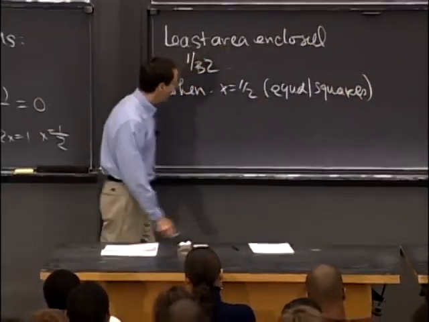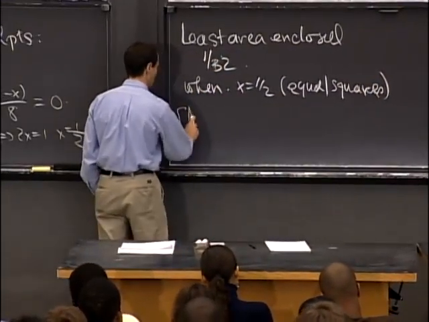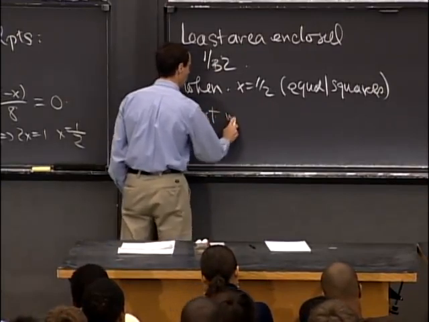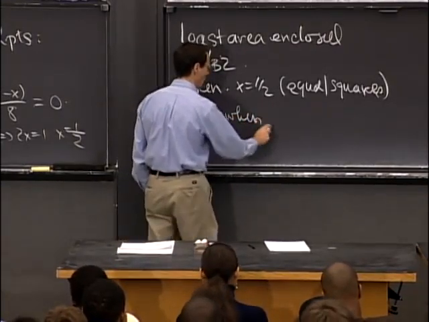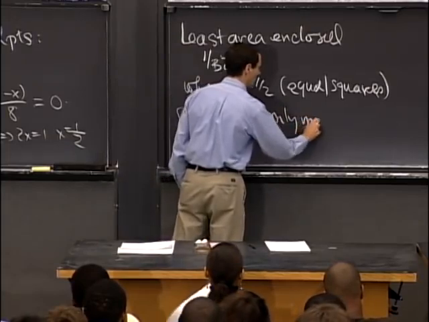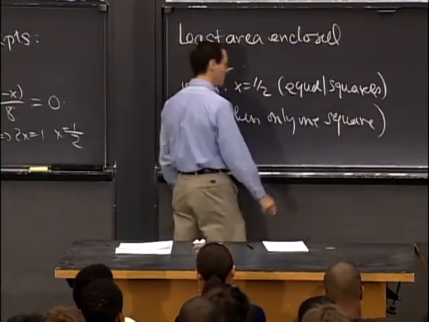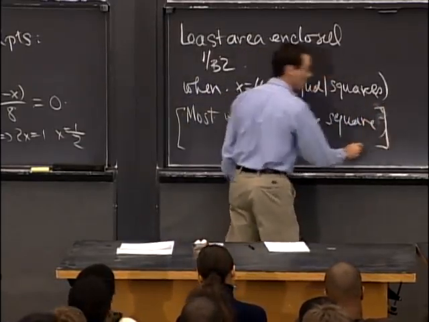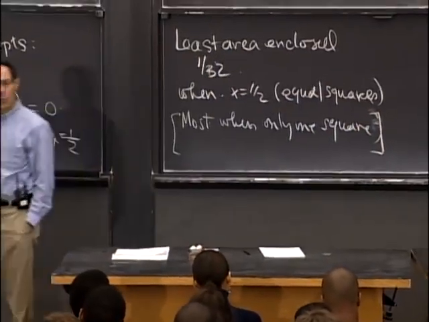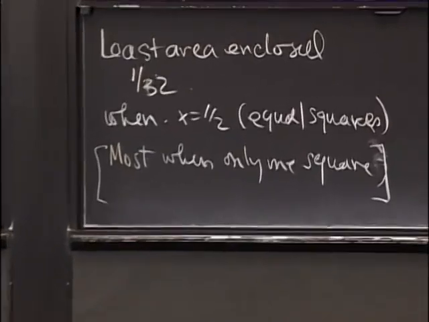All right? And the most area is when there's only one square, which is more or less the limiting situation if one of the pieces disappears.